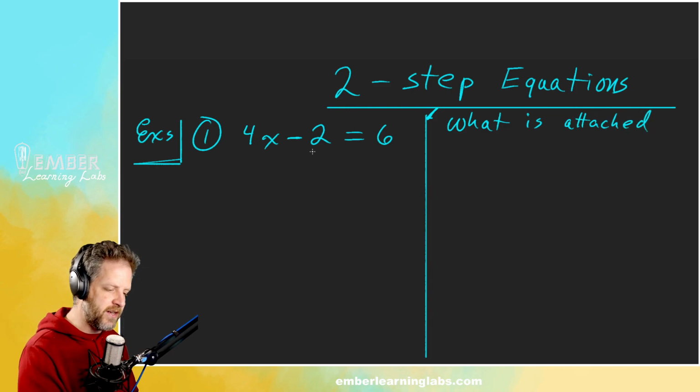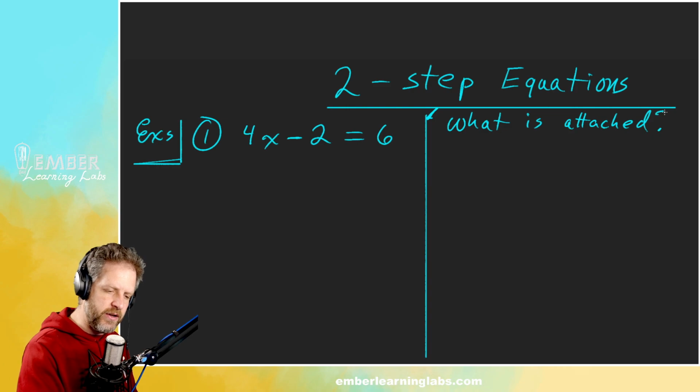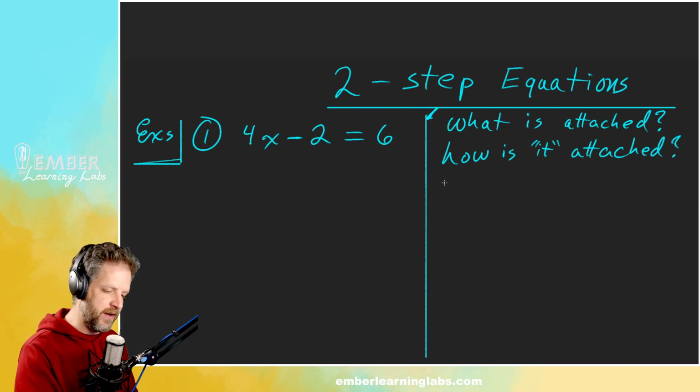So in this case, there's a 2 attached and there's a 4 attached, right? So that's what we're talking about with that. And then we want to also ask ourselves, how is it attached? And then we do the opposite to get rid of it. Opposite to cancel.